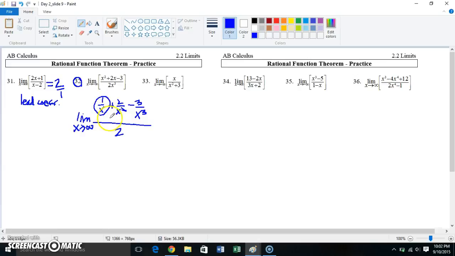All of these are going to 0. We're left with 0 over 2. So we got a 0. The degree of the numerator is less than the degree of the denominator, so you're going to get 0 no matter what.